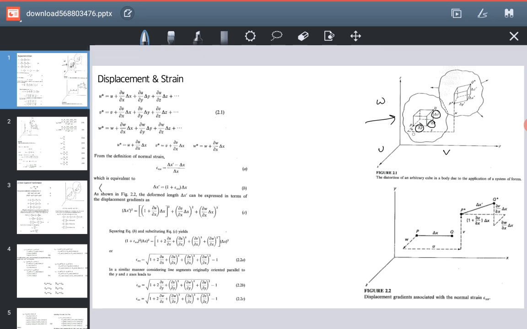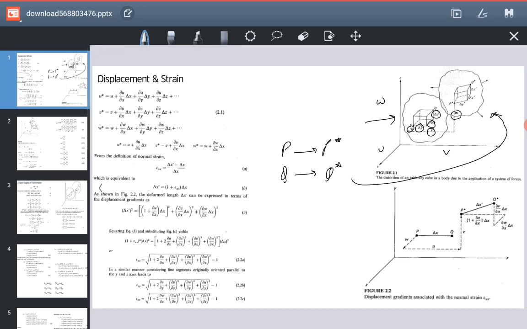So we have u, v, and w. After the application of force or stress, the point changes from P to P dash or P star, and Q changes from Q to Q star, as shown here.